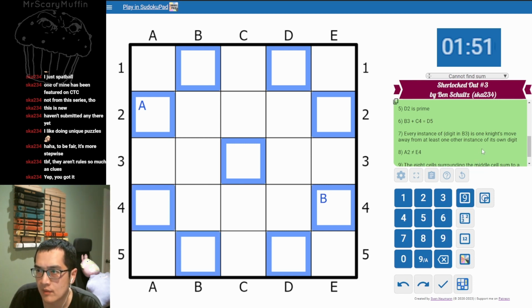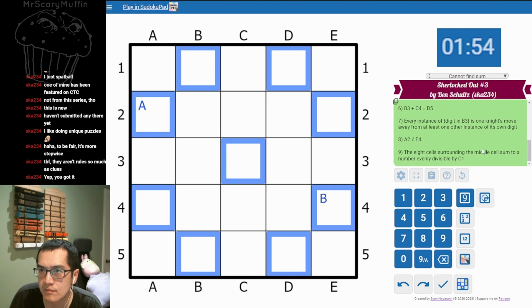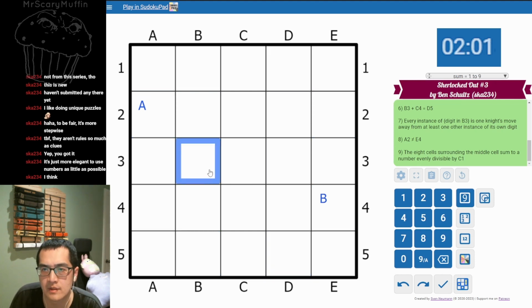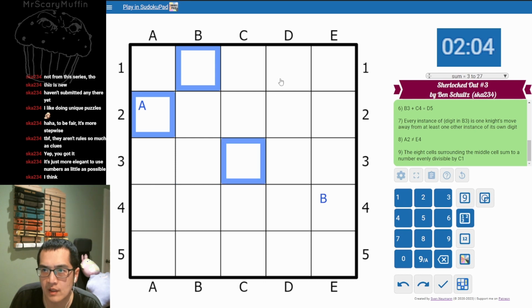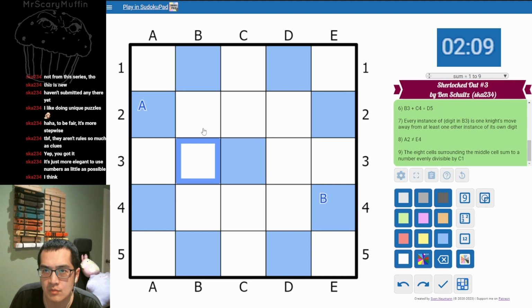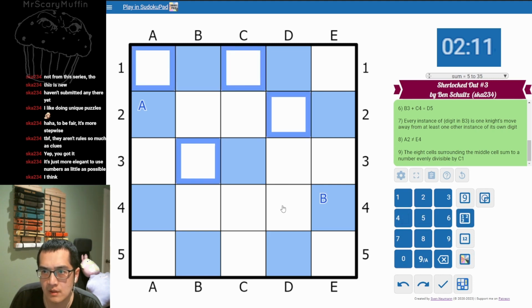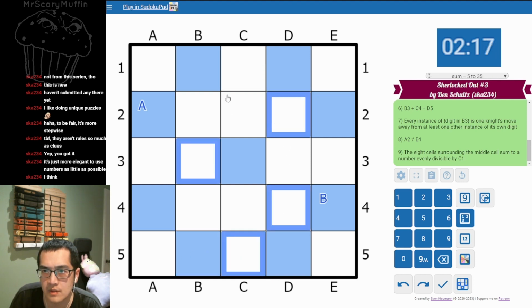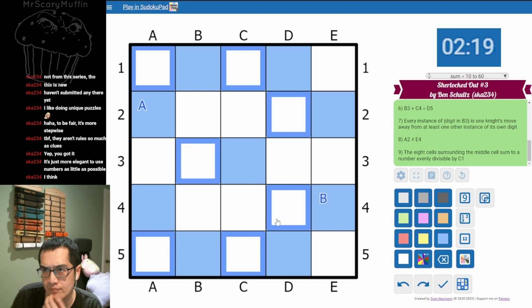That's one thing. And then we have another knight's move, which is based on B3, right next to it. I'm going to highlight these just so we have a bit of a visual. B3 needs to also see every instance of itself. Oh, the E column doesn't see one. Every instance of it needs to be one move from at least one other.